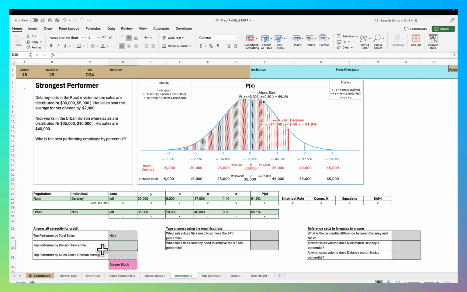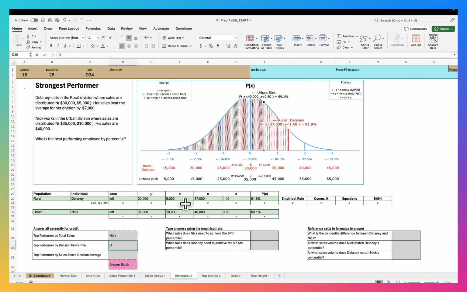The top performer by division percentile. By division percentile, so relative to their own division. So basically it's your percentile. Well, Delaney's 91%. In other words, she's doing great in her division. Nick is not doing as well relative to his division.